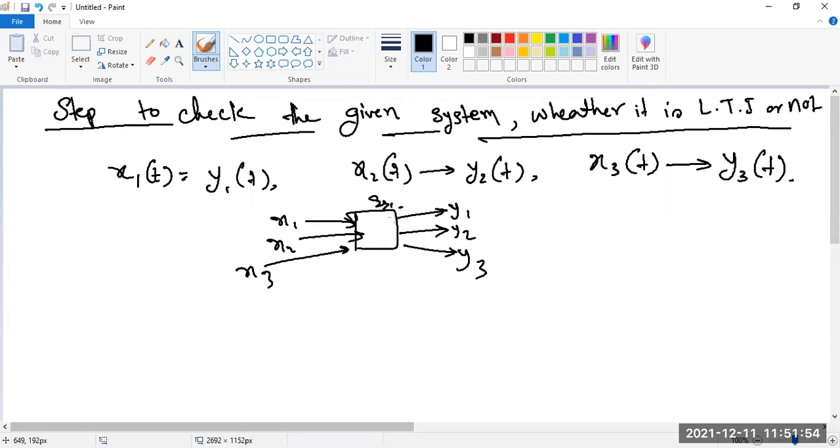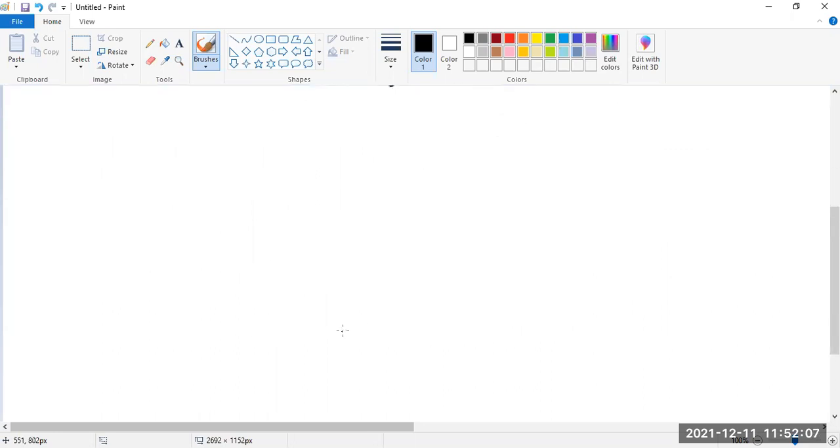This is the system, but you have to examine whether this system is LTI or not. So what are the steps? First step is to select any one of the above.